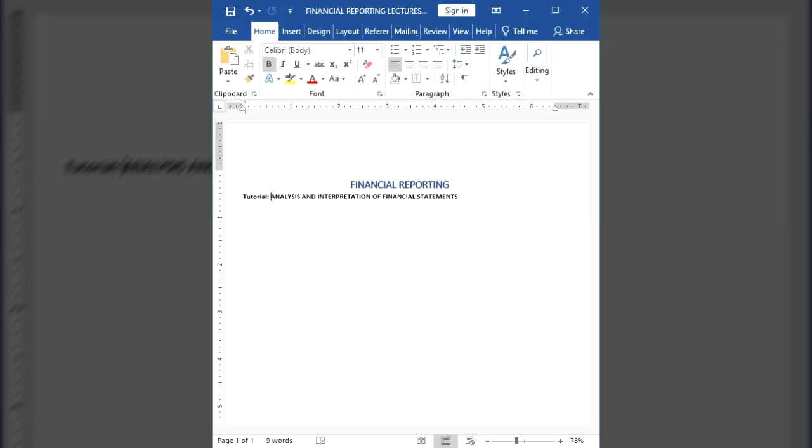So whatever the examiner is asking the students to do, it is important that the student adhere strictly to the examiner's instruction, because at the end of the day, it is fulfilling the examiner's instruction that will make sense at some point. So it is not just about calculating these ratios, but more importantly, it is about being able to interpret the ratios in an almost accurate manner.